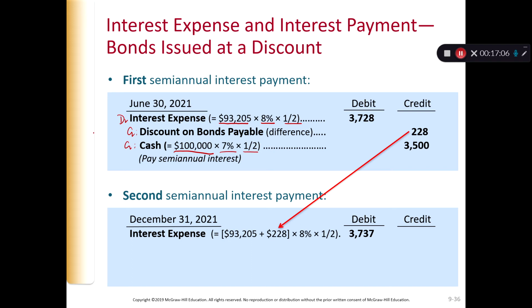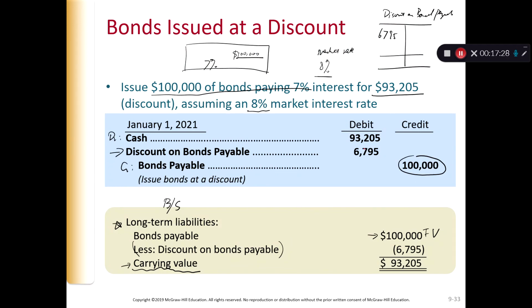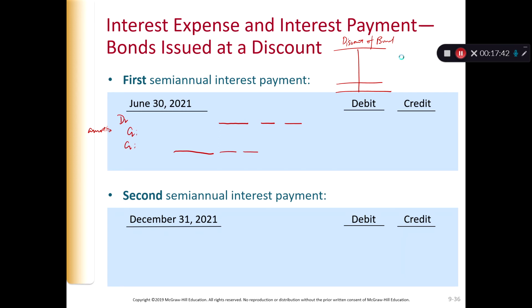Therefore, we will amortize the discount. Remember, we said the discount on the bond usually has a debit side balance, right? At the beginning, you have a debit side balance of $6,795.